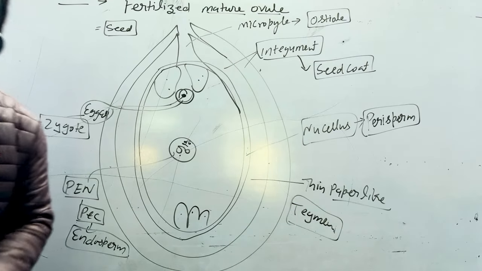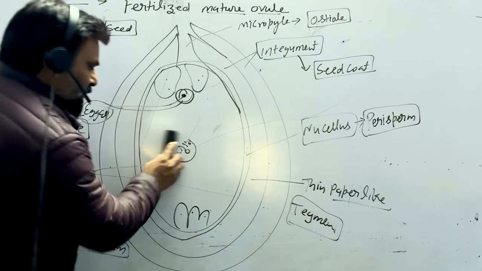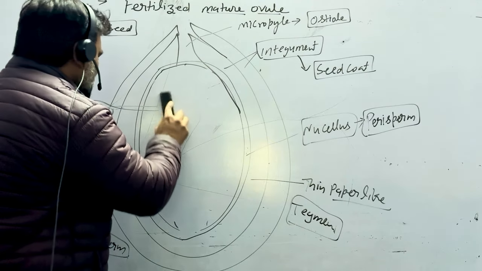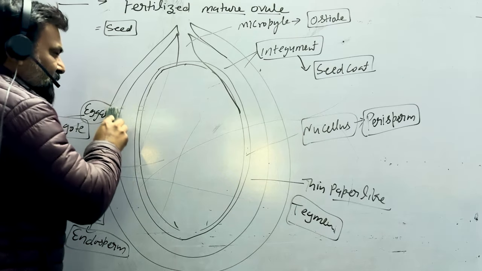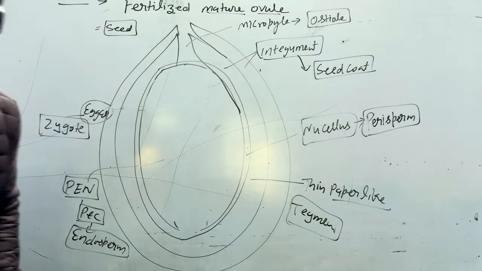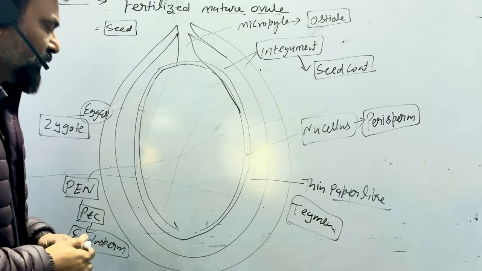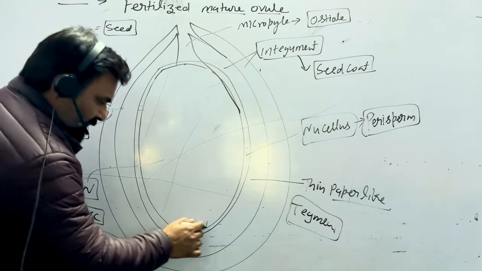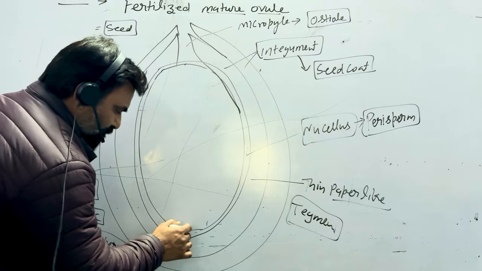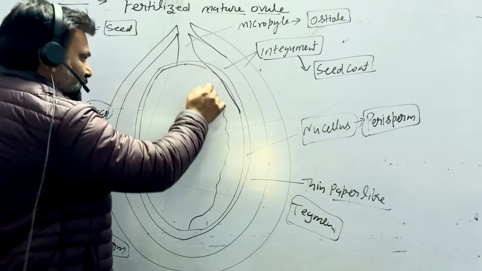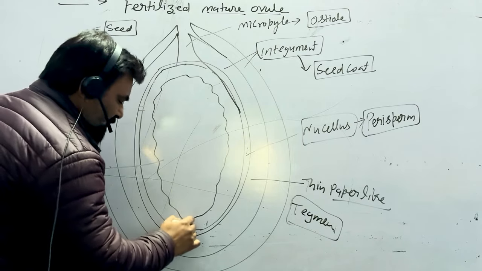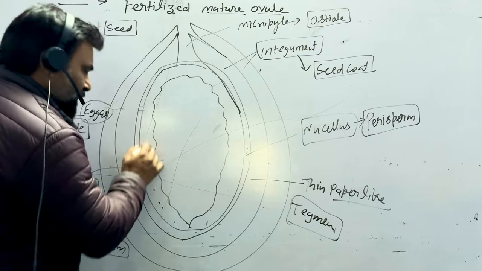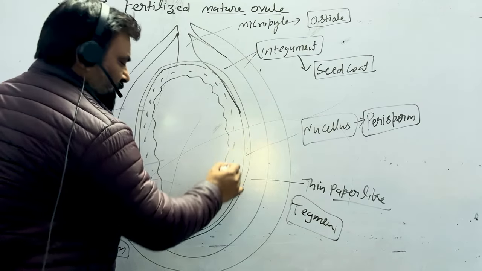Later on, these synergid cells and antipodal cells are degenerated or digested by the developing embryo, and the endosperm produced here is also digested by the seed, and in some seeds it remains as a reserve food material, that is endosperm.